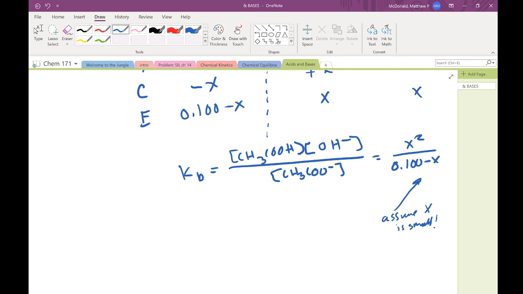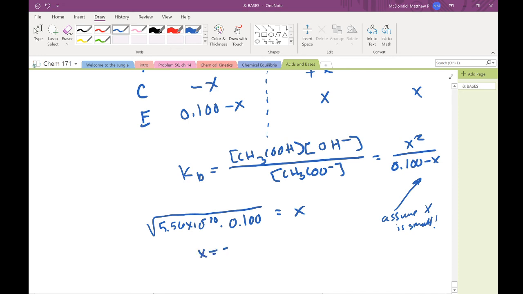So we know that there's really not going to be that much OH minus in solution. That means that we can take the square root of 5.56 times 10 to the minus 10 multiplied by 0.100, and this gives us X. And we find that X is equal to 2.4 times 10 to the minus 6.